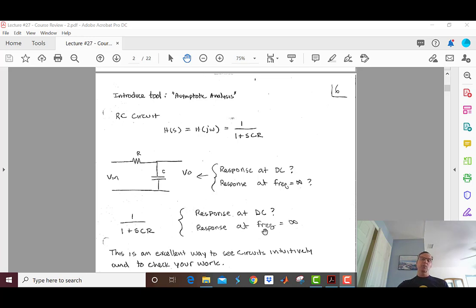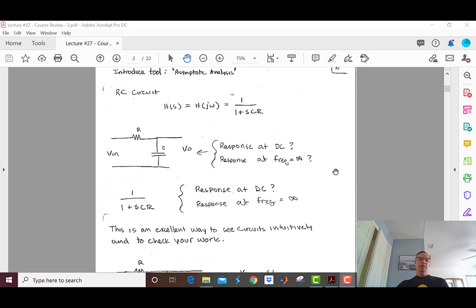Now let's set the frequency to infinity. At infinity, I have 1 over a bazillion gazillion here, and so the response will go down to 0. Again, that agrees with what I got from my circuit. So asymptotic analysis is just an excellent way to see circuits intuitively and to check your work.